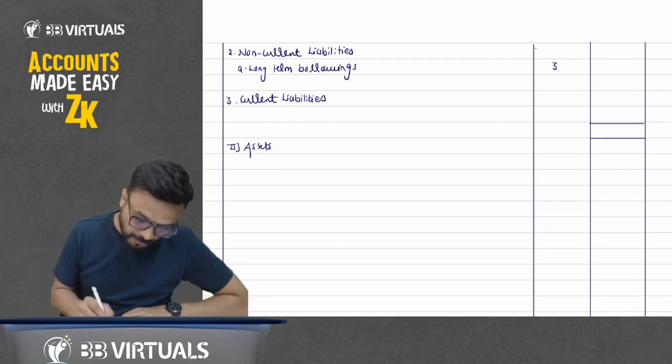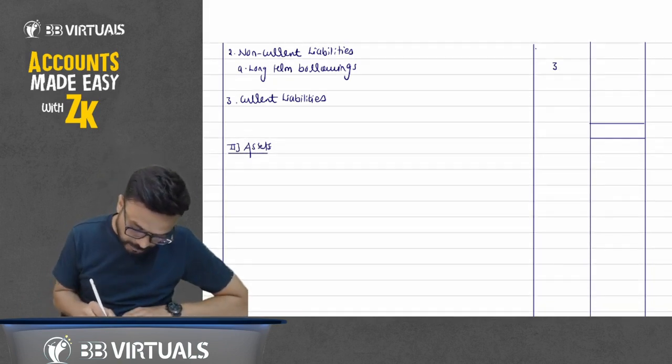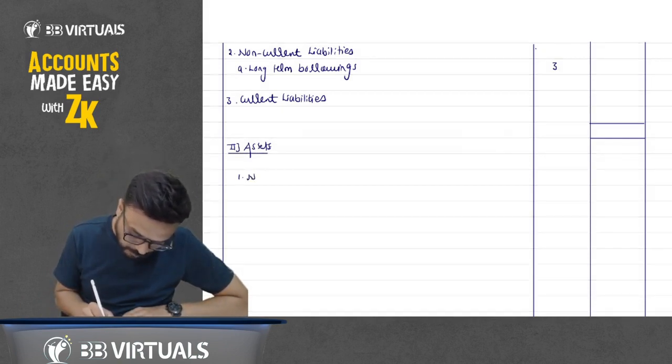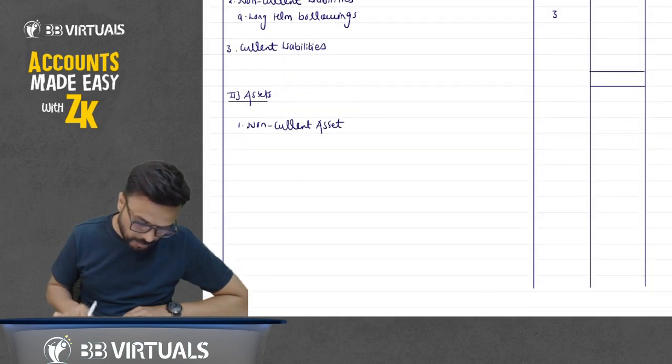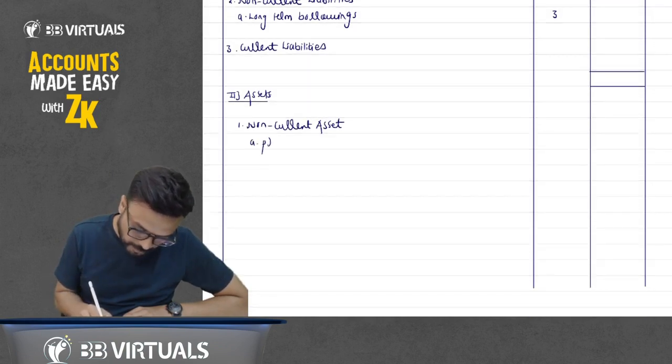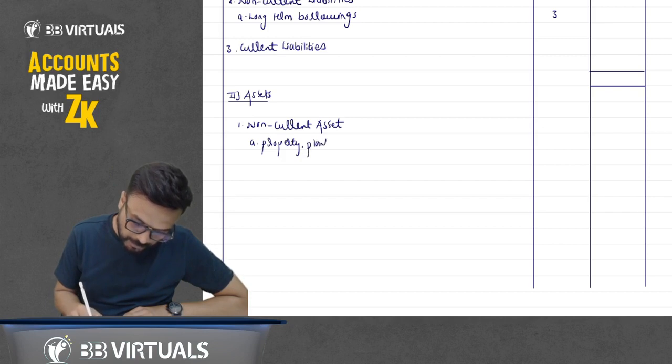Okay. Now the asset side, non-current assets. In non-current assets, first property, plant and equipment. Then intangibles.